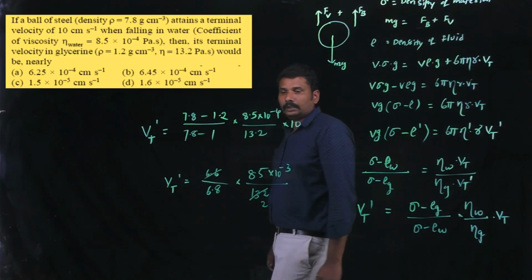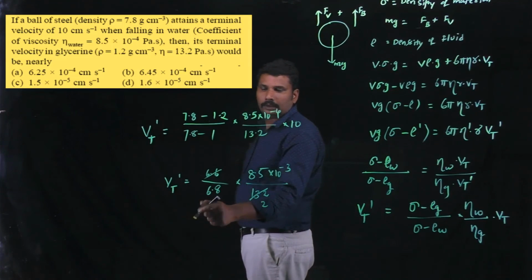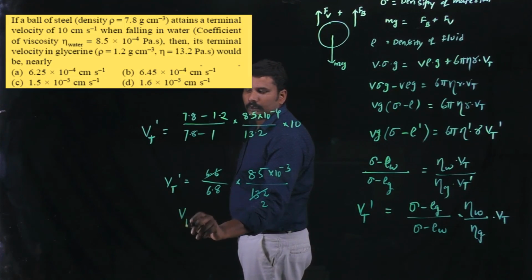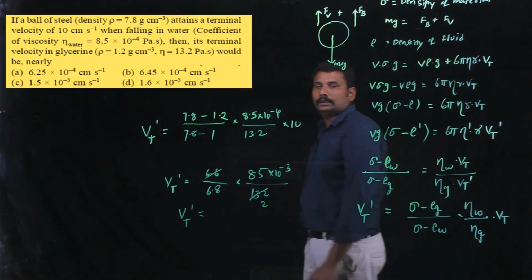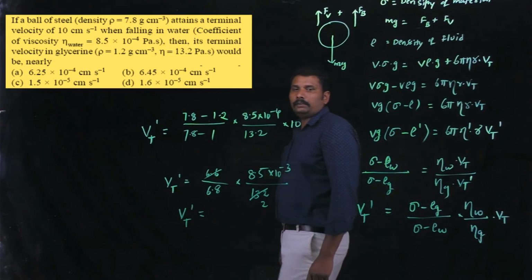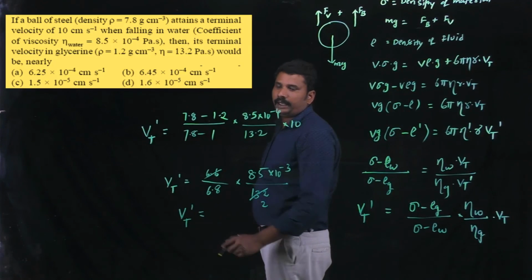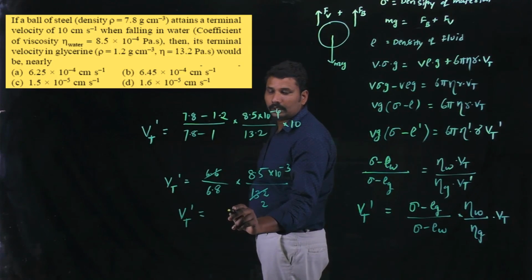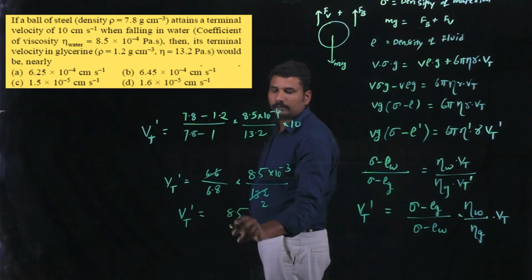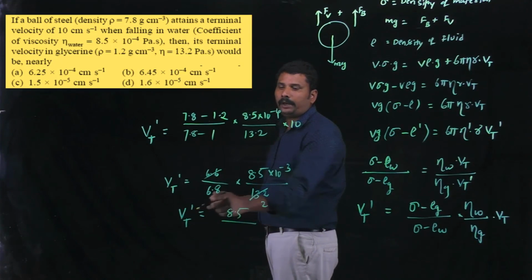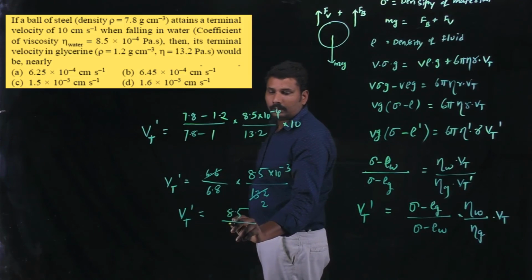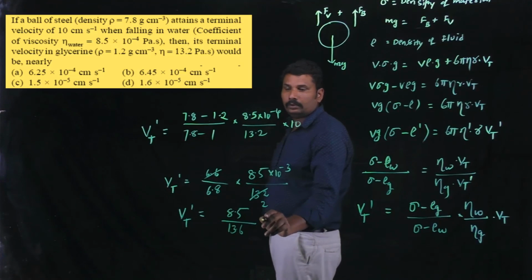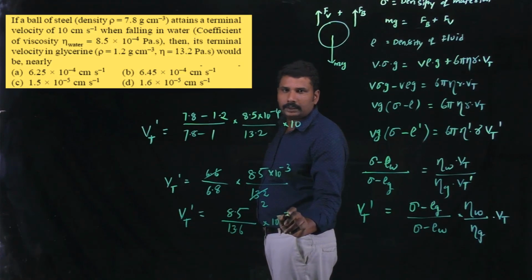Now the terminal velocity of the steel ball in glycerin, Vt dash, is equal to 8.5 by 6.8 into 2, which is 13.6, into 10 power minus 3.